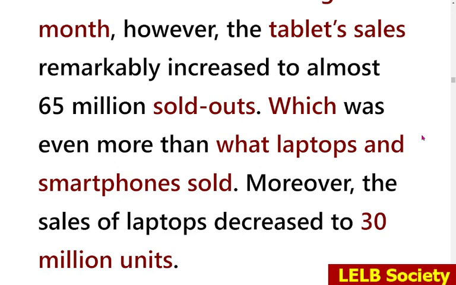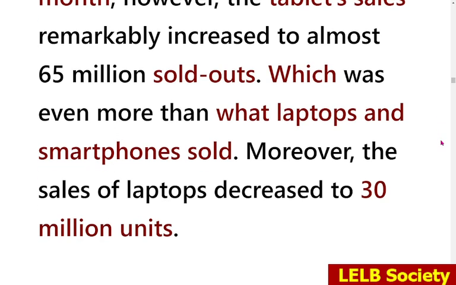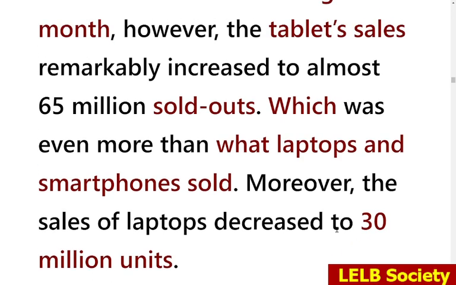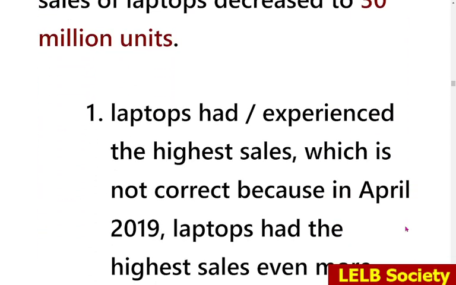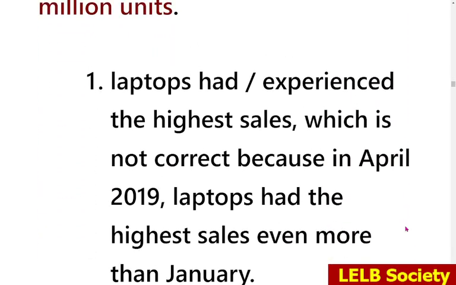And the style of this IELTS task 1 should be really formal. Moreover, the sales of laptops decreased to 30 million units in the same month. You need to mention that because there has been a large gap between the data points. So laptops had experienced the highest sales.